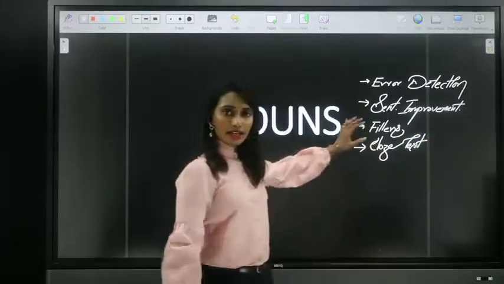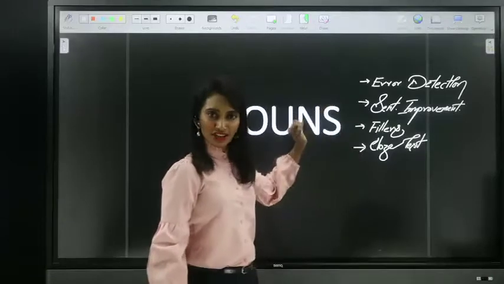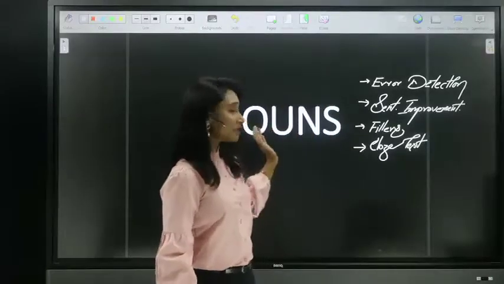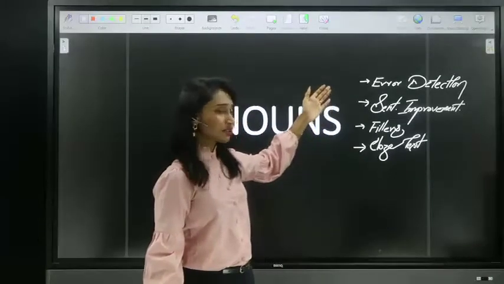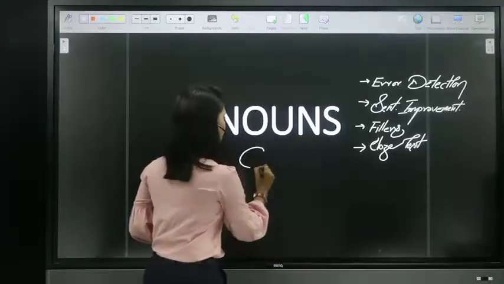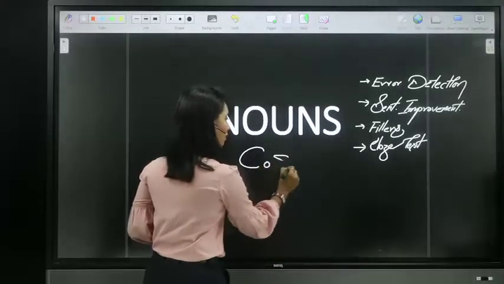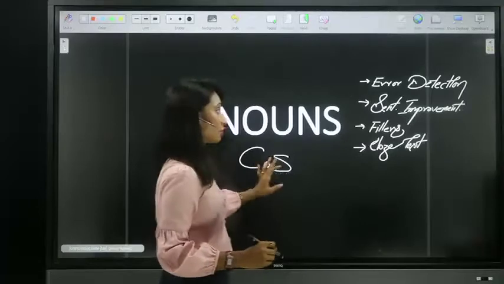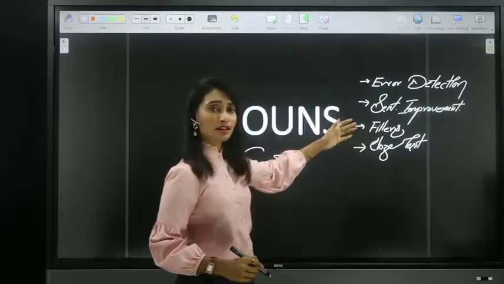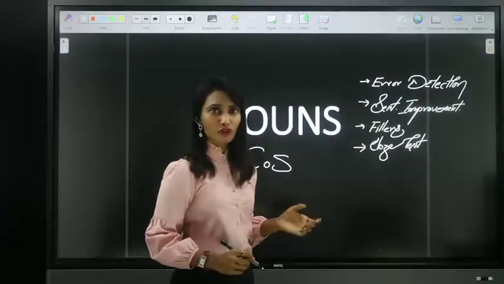closed test. In any of these four sections, these nouns, correction of sentences we are discussing today, but in the sense of correction of sentences, you have to remember that you may get it in any of these four ways or four forms.